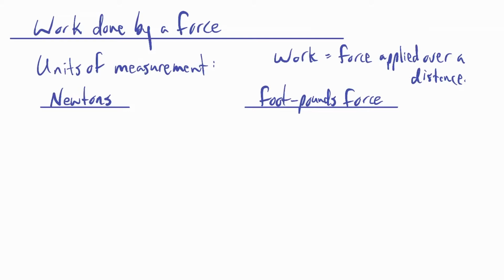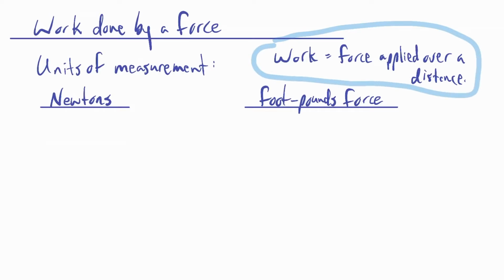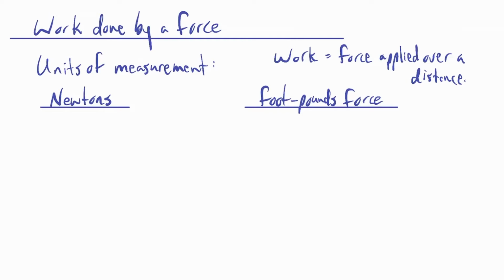So the next few examples will be about work done by a force. Work in a physics sense is defined as a force applied over a distance. So when you lift something heavy, or move something heavy on the ground, something like that. In the standard SI units, the standard unit of force is a Newton.